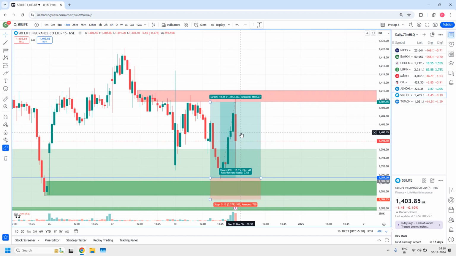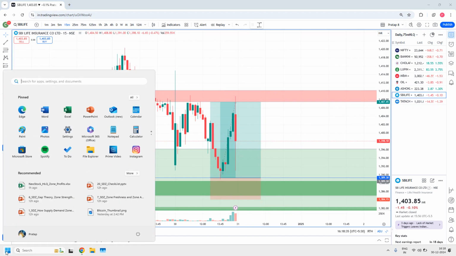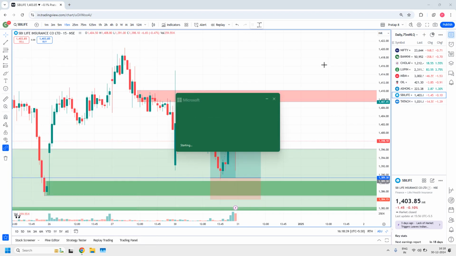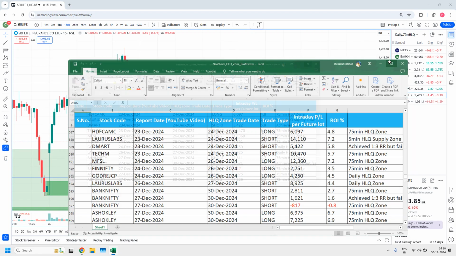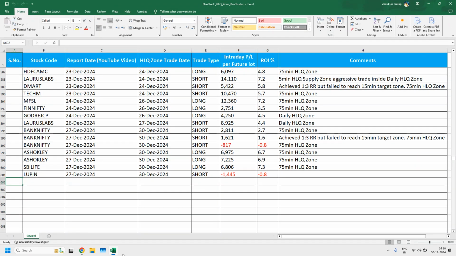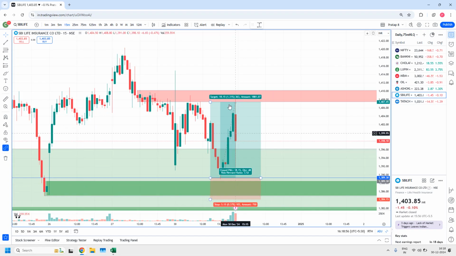So how much profit has it given? SBI Life has given 6,806 profit, which is 7.3% ROI as per one futures margin cost.